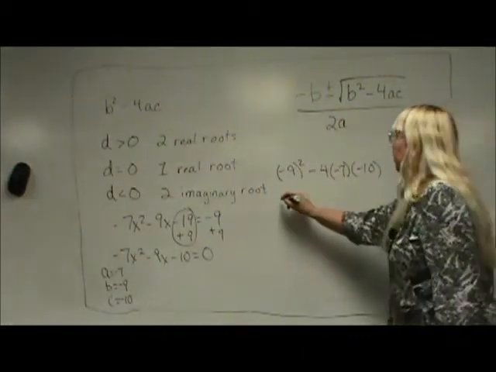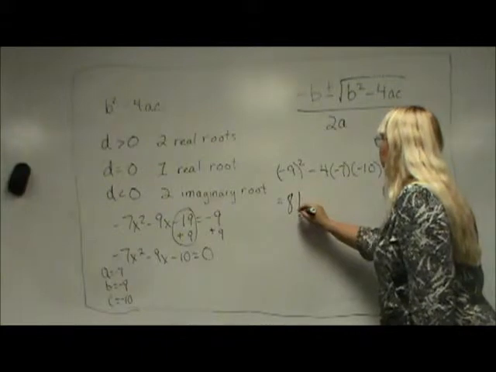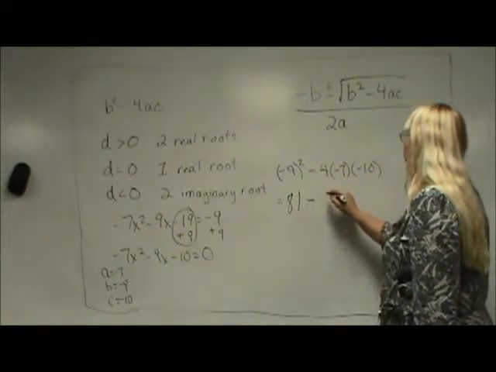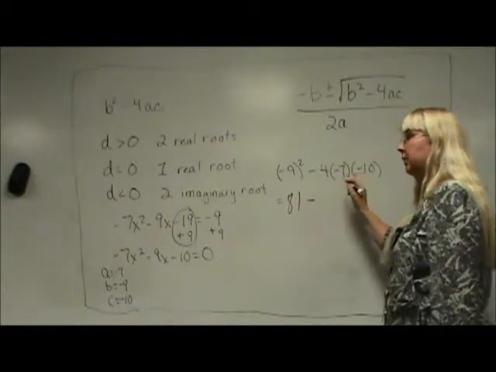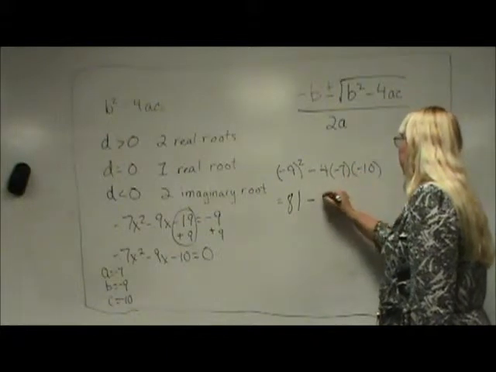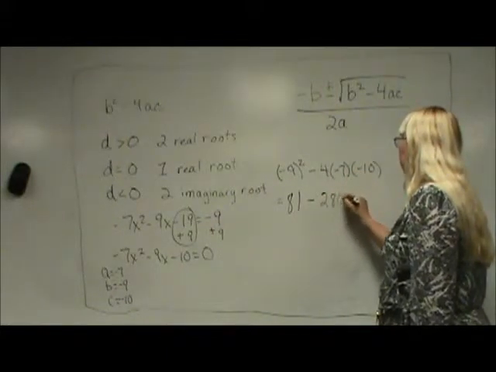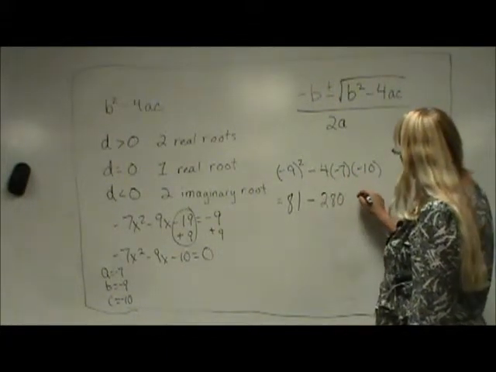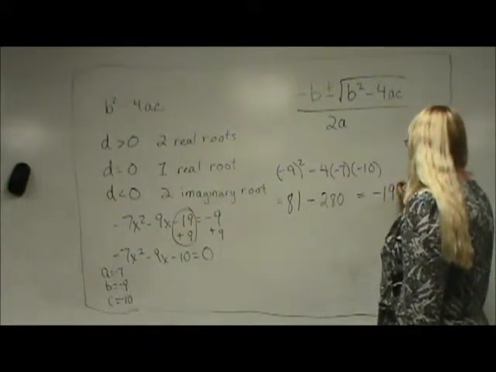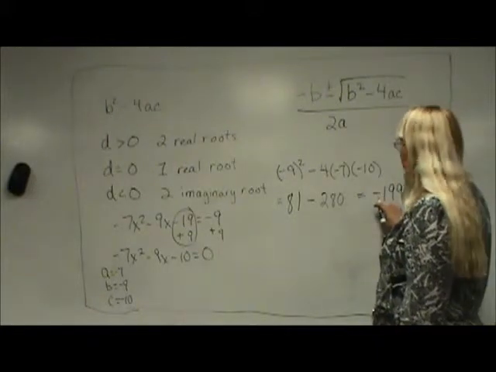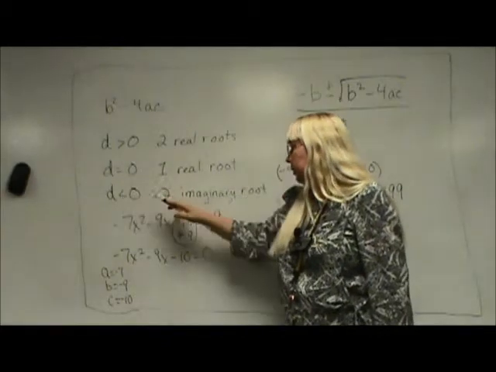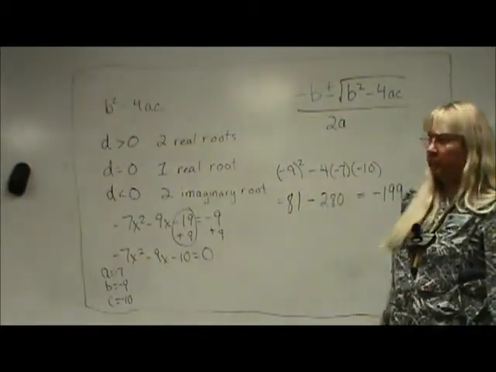So then I get 81 minus, I have 3 negatives, it's going to result in a negative, so 28 times 10, 280. Negative 199 for my discriminant. If I go back over here, that is less than 0, so I have 2 imaginary roots.